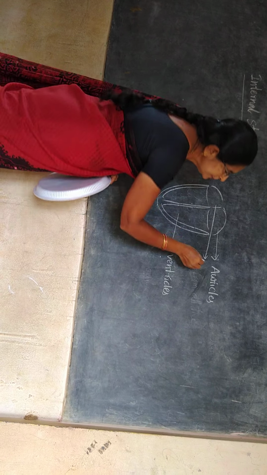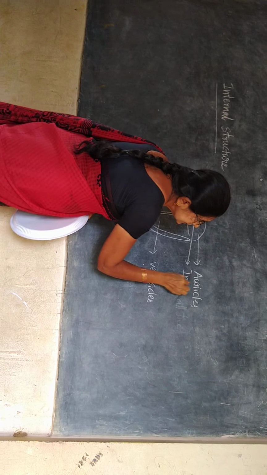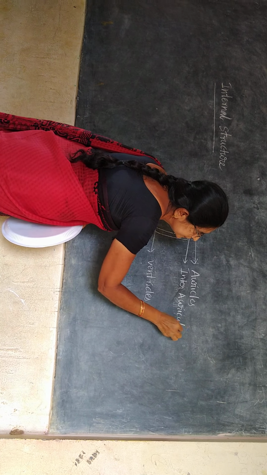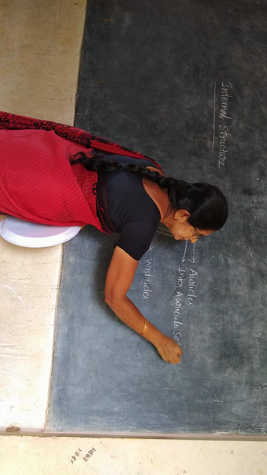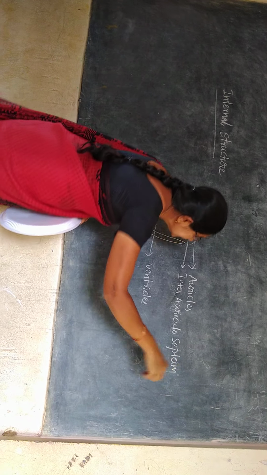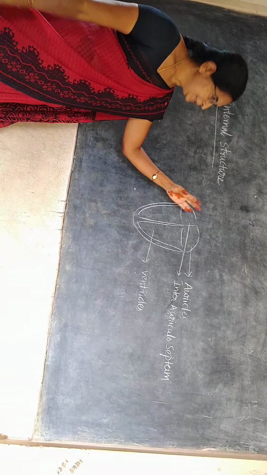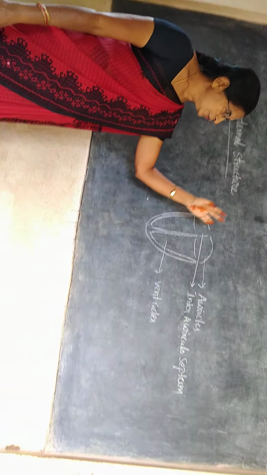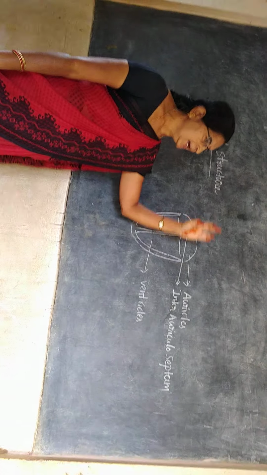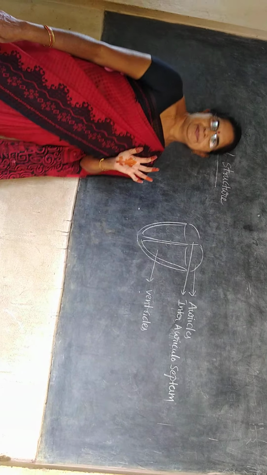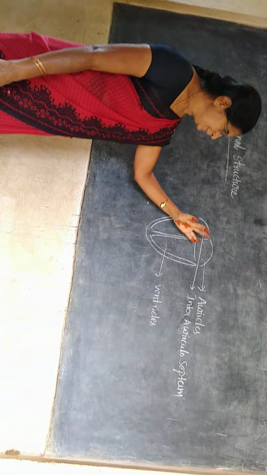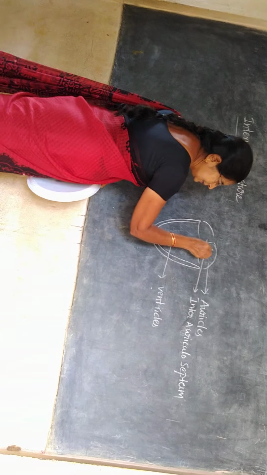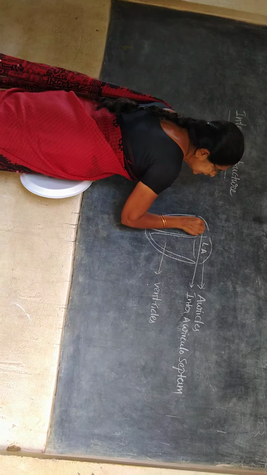With a septum called the interauriculoseptum, which is nothing but a septum in between two auricles. So the interauriculoseptum divides the auricles as left auricle and right auricle.